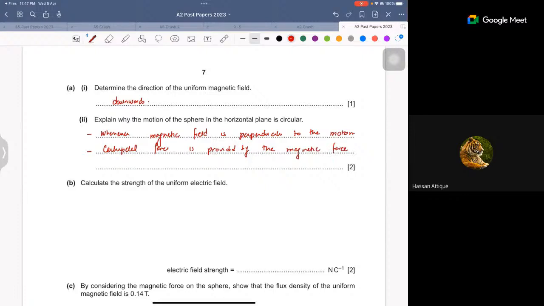All right, so you just need to remember that. Magnetic force, and you can add that the magnetic force is at 90 degrees to the velocity. That is a good habit of writing like that.